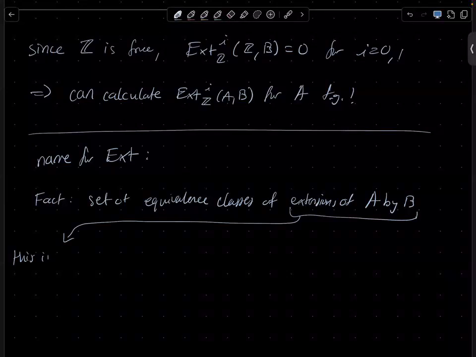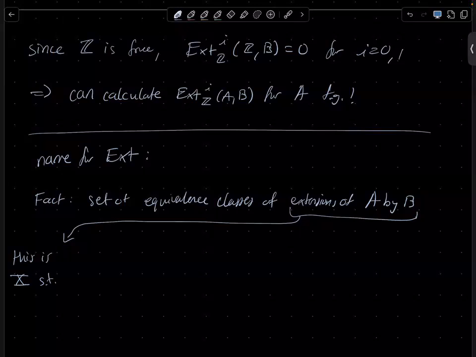You should think of this as the set of X such that you can form the short exact sequence 0, B, X, A, 0. This can be made, exists. Extensions of A by B.